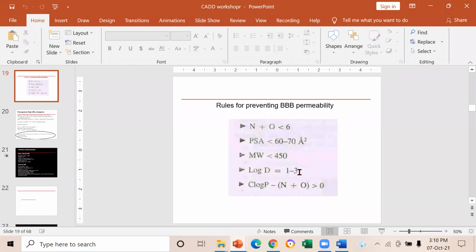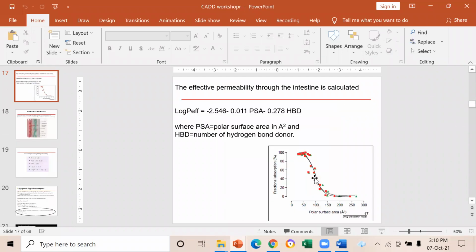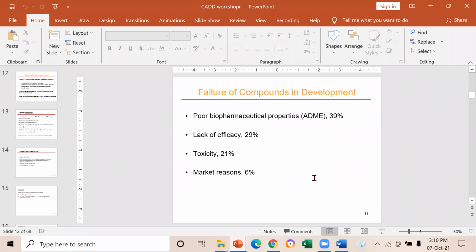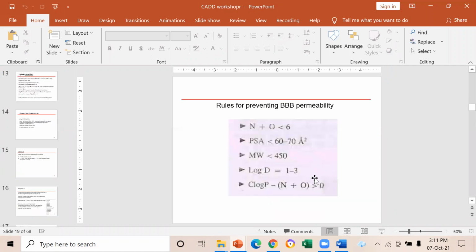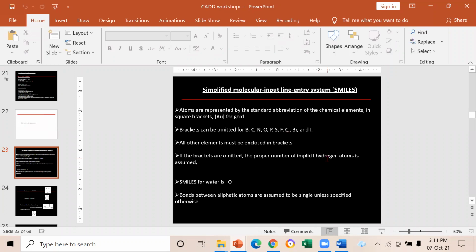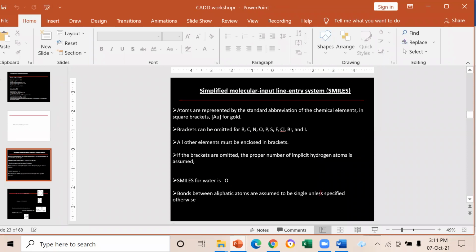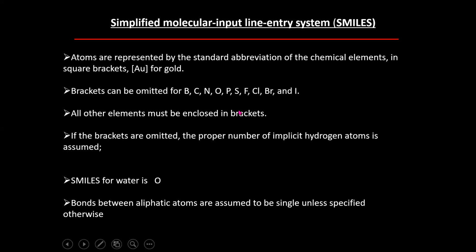And there is one very important technique which I talked about, that's called SMILES notation. SMILES is an excellent way of representing molecules as text, so you can transfer structure information from one database to another.